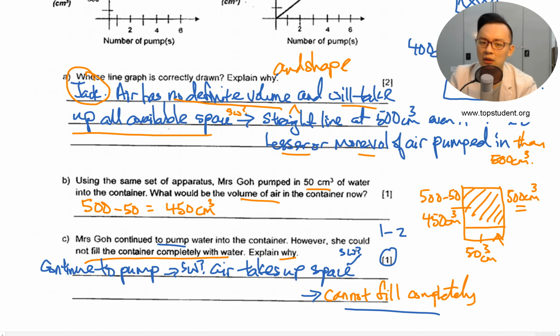Air has no definite shape and water has definite volume, blah blah blah. So I cannot think of anything else. So therefore, air takes up space, and therefore you cannot fill the container completely. That's your scientific explanation in the middle. If it's a 1-mark question, 1 to 2 scientific explanations, the initial state, final state, and fill in the middle yourself.